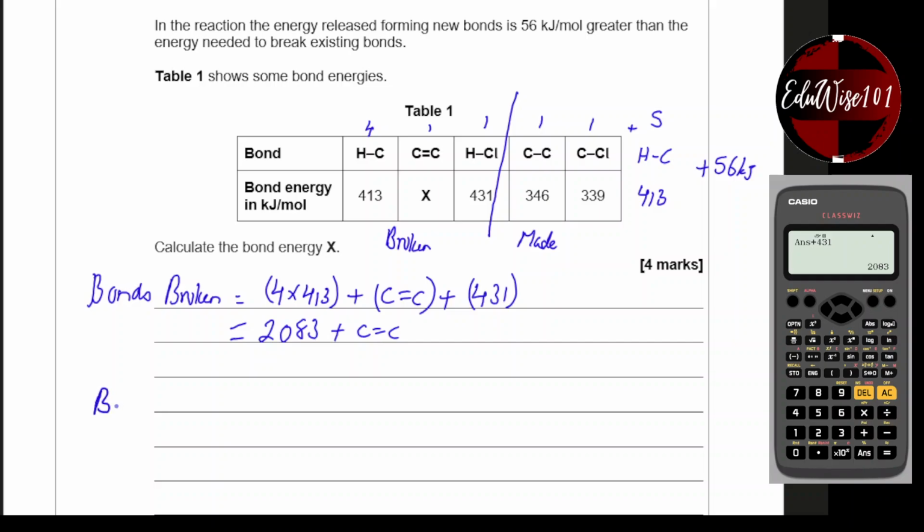Bonds being made is 346 plus 339 plus 5 times 413.